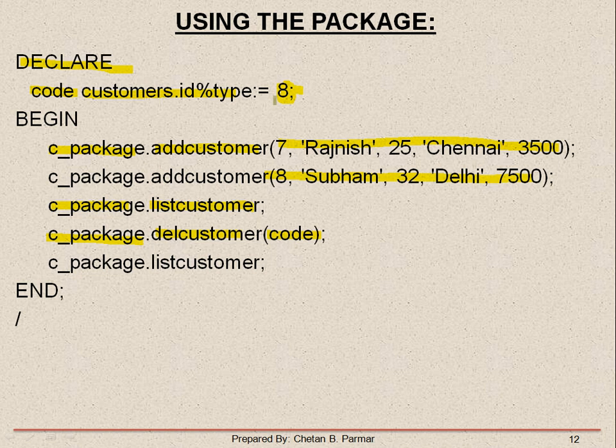The code is 8, which is passed here, and record number 8 will be deleted. And again I am displaying this customer information. This time we will display only 7 records because 8 is already deleted. And that is the PL/SQL block termination and execution.